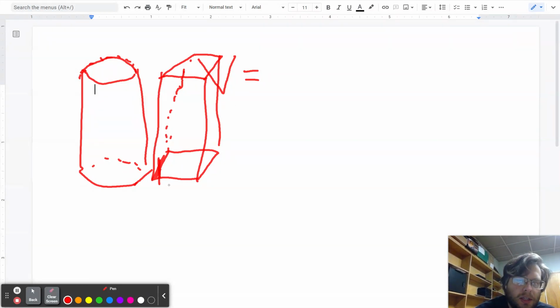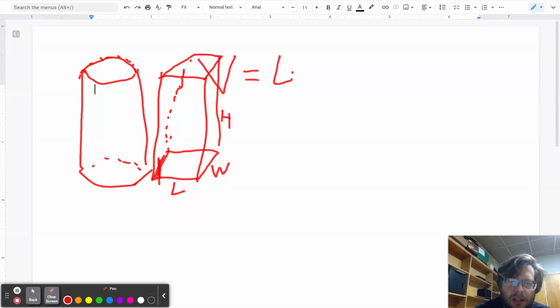Well, we know that the volume of the rectangular prism, the volume of the box, is just length times width times height. And this is something that we can visualize. We can think about little cubes filling up the prism, and it just takes a bunch of little cubes.